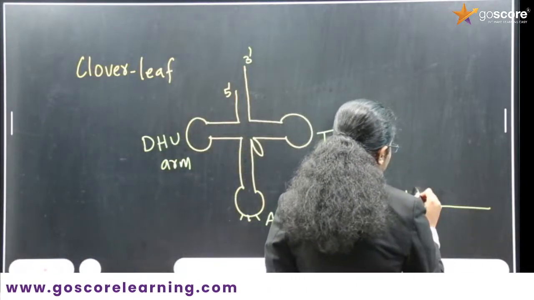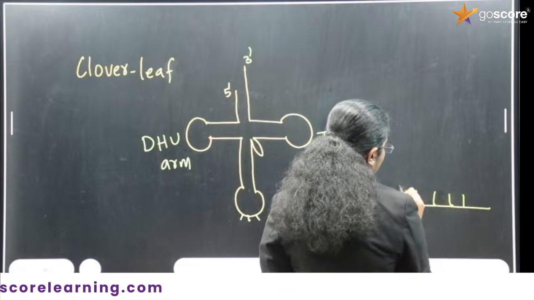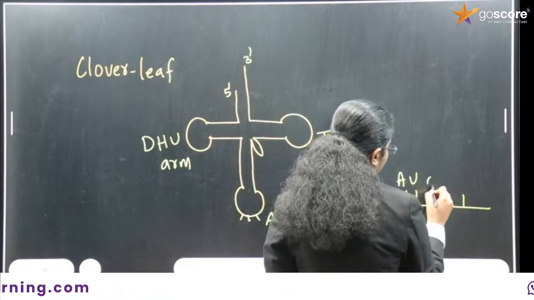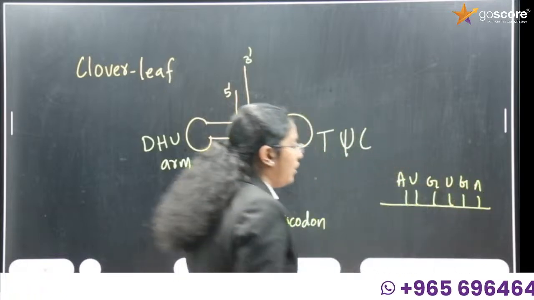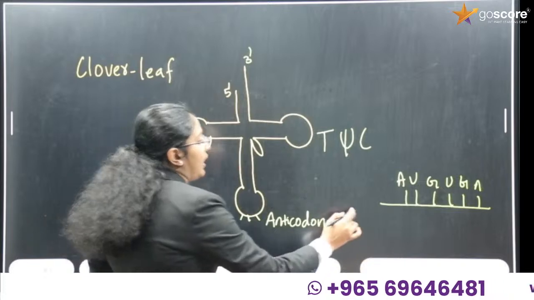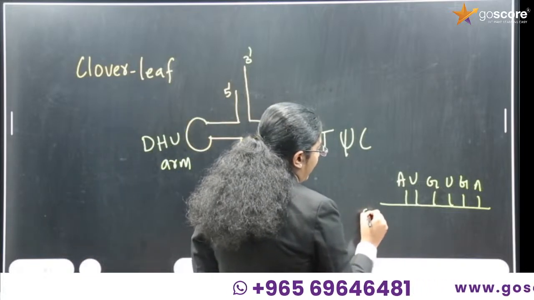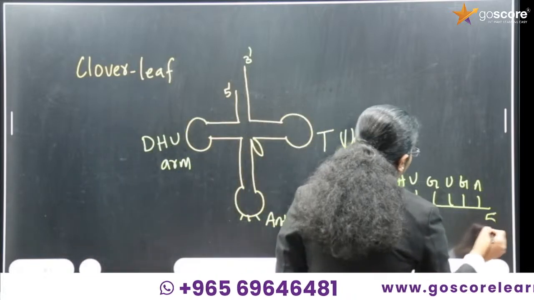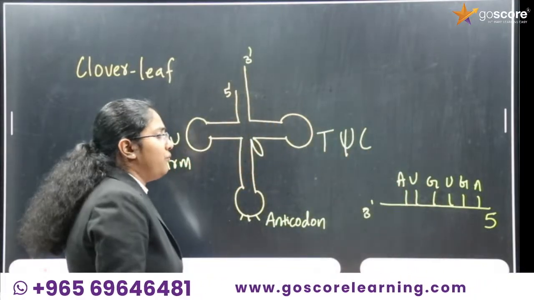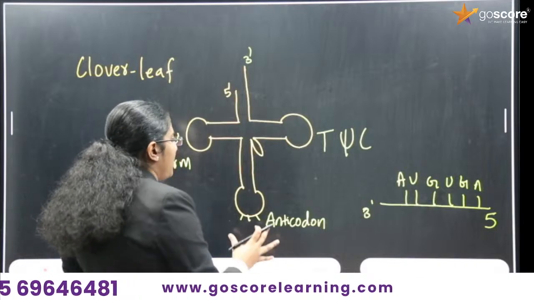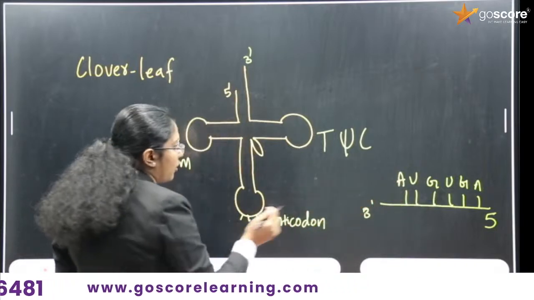When mRNA is present like this, we can write A, U, G, U, G, A. This is the codon. For this particular mRNA, we can say AUG is the start codon. For this start codon, AUG, what must be the anticodon?